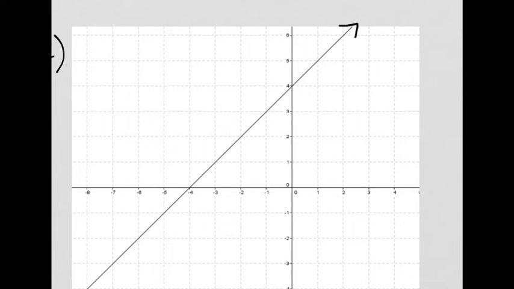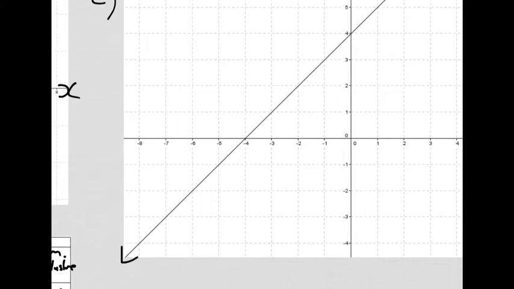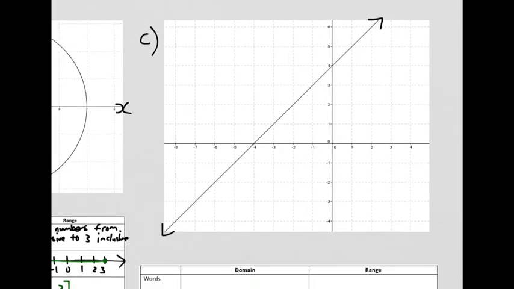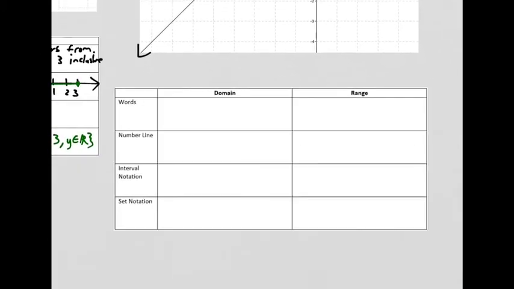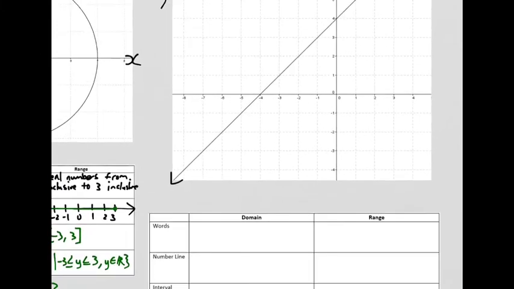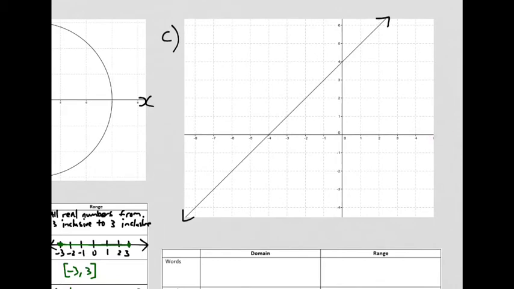We've got arrows on each end of this line, indicating that this line isn't only restricted to this window. It goes forever in this direction, and it goes forever in this direction. Just give this a stab. Try to think about what the domain and range would be of a line that goes forever to the right, forever to the left, forever up, forever down.